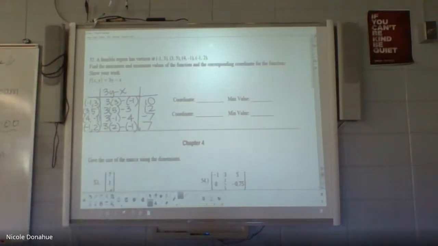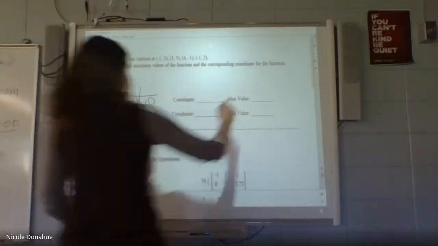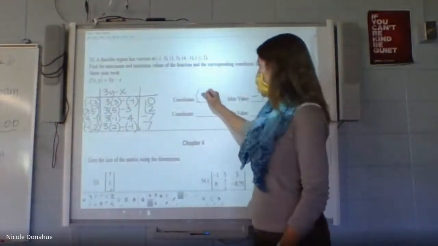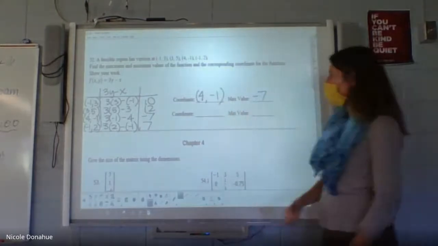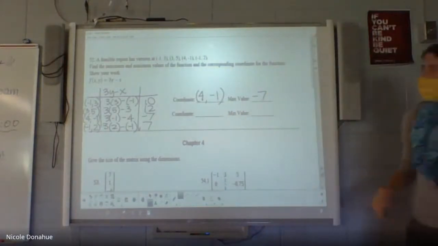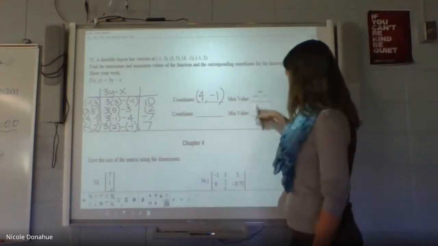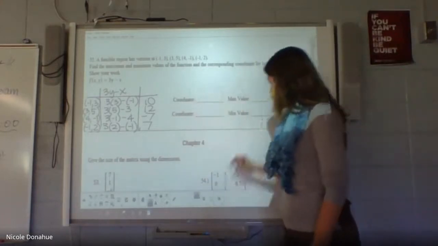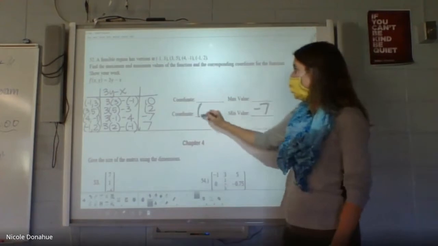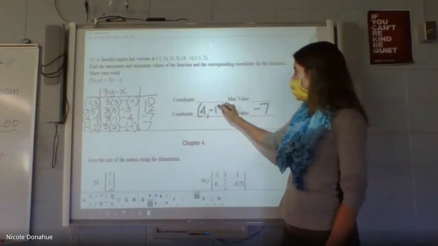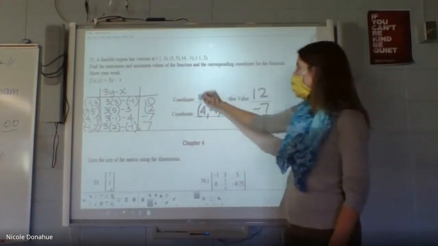So my smallest value is negative 7. And the coordinate that goes with that is 4, negative 1. And then my largest value is, oh, I have a flip. Sorry. Negative 7. And then the max is 12, and that's 3, 5.